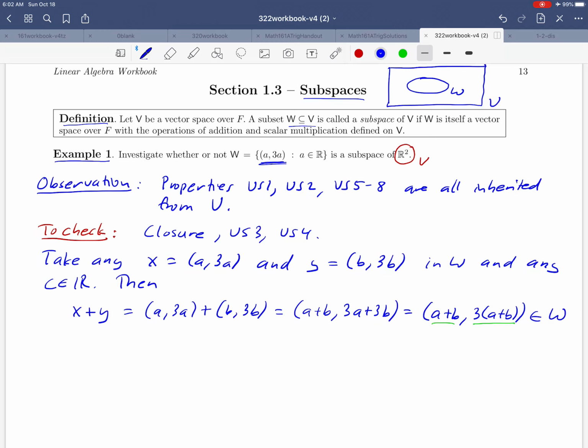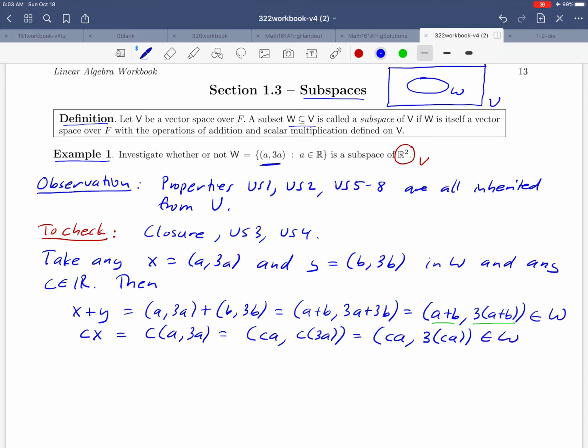Okay, now what about closure under scalar multiplication? Well, we want to take a scalar c and multiply it by one of our vectors. So that would be c times (a, 3a). If we do that multiplication, we get (ca, c times 3a). And again, we're asking the question, does that ordered pair fit this general form? It does, and we can point that out by noting that that second coordinate can be written as 3 times the first coordinate.